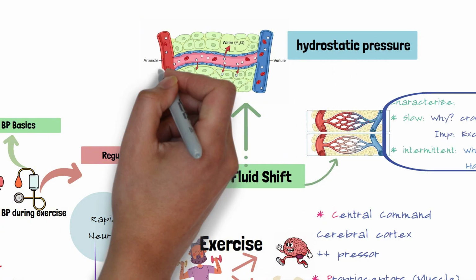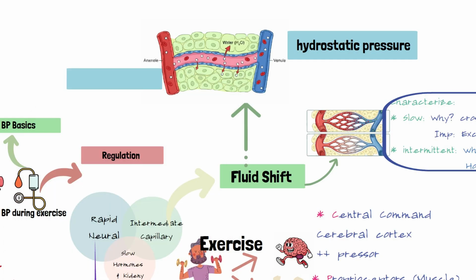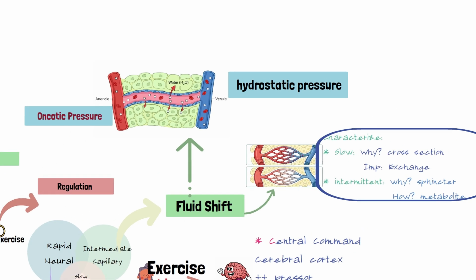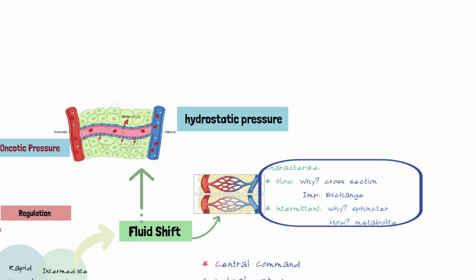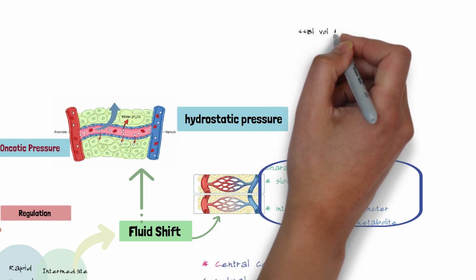Remember, the hydrostatic pressure always affects the water movement, since it is changeable, while the oncotic pressure, since it depends on the plasma protein, is usually constant. So an increase in the hydrostatic pressure will push more water or fluid from the capillary to the interstitium.